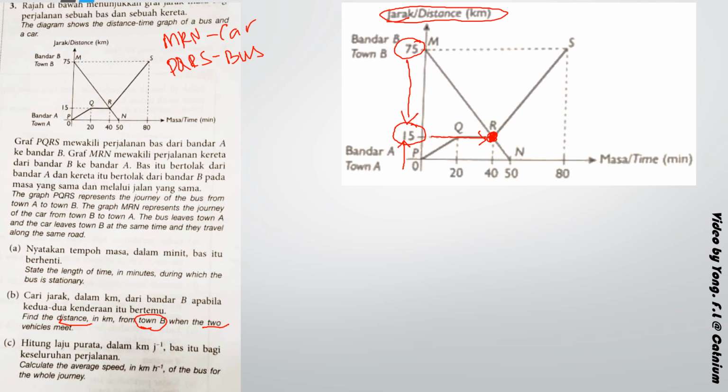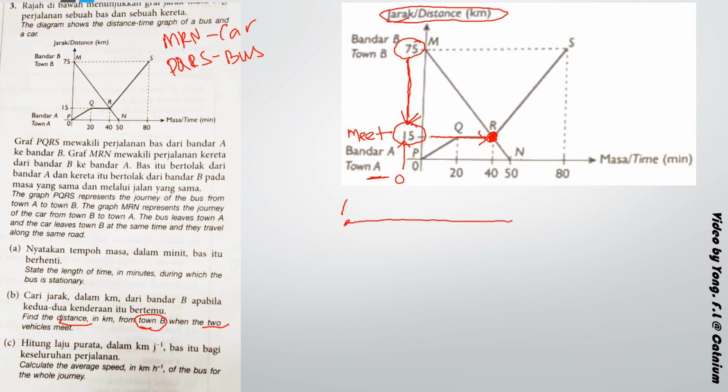So they meet over here. From here to here, 15 means it is from town A. When they meet it is 15, but the question doesn't want from town A, it wants from town B. So from town B is 75 from town A. So berapa jarak ini? So ini macam garis.